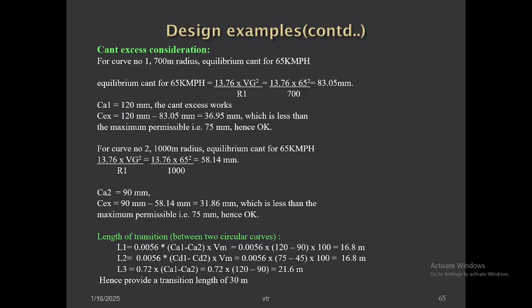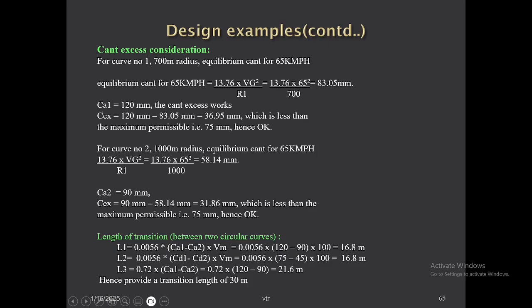So how much cant excess is there? 120 mm minus the equilibrium cant 83 mm, we get the actual cant excess experienced as 36.95, which is less than the 75 permitted, hence okay. So curve number 1, cant actual 120 mm is also good here, because it satisfies the cant excess consideration also.